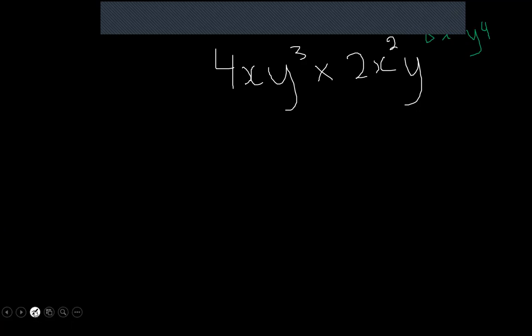So what rule do you think I would apply here? Anybody? I have two exponentials multiplying by each other. So I have x multiplied by x squared, and I have y cubed multiplied by y. So which rule or law you think would apply here?